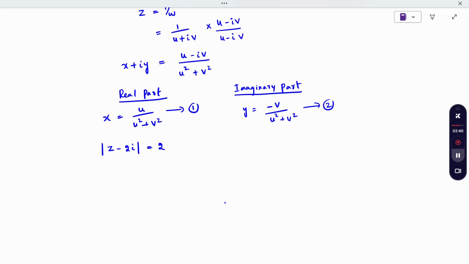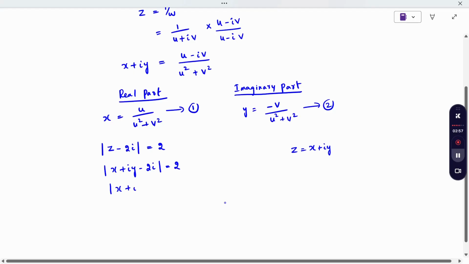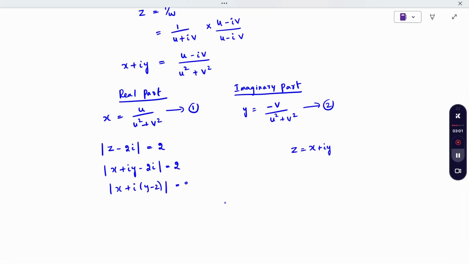We know that z is nothing but x plus iy. So x plus iy minus 2i equal to 2. Simplify and arrange the terms: x plus i times y minus 2, modulus equal to 2.